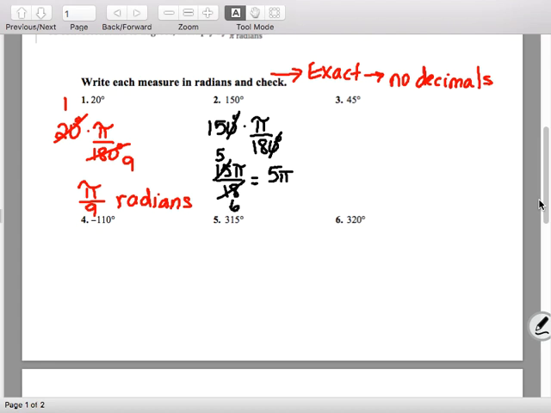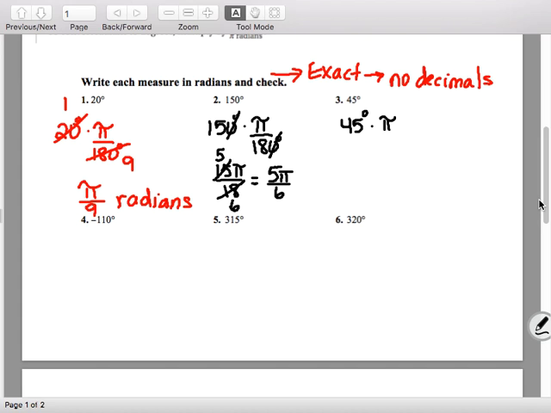This is 5 pi over 6. Now I am in radians. I don't typically write out the word radians, but here's the rule of thumb. If you put a degree symbol next to your angle, it's degrees. If there is no degree symbol, it is assumed mathematically you're in radians.